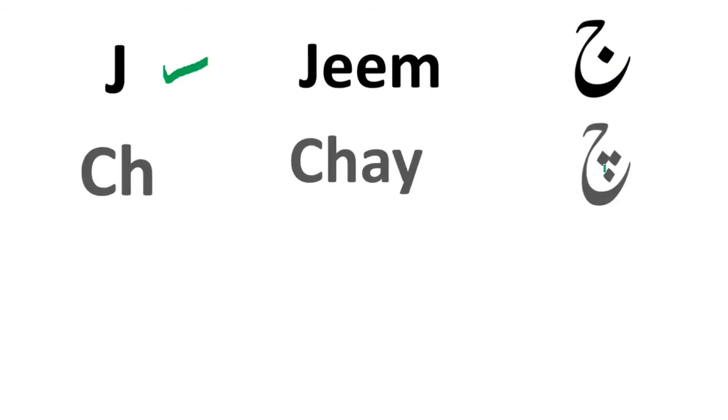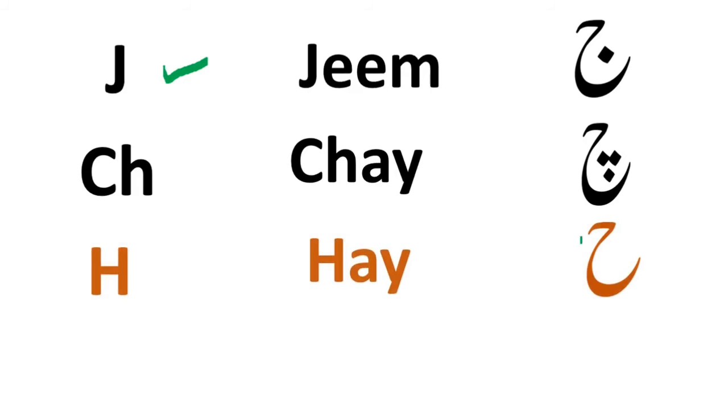Next we have the Jim family. Jim is similar to J in English. Che is a combination of C and H, like in church or China. Next we have Hey, whose sound comes from the throat, similar to H in English.